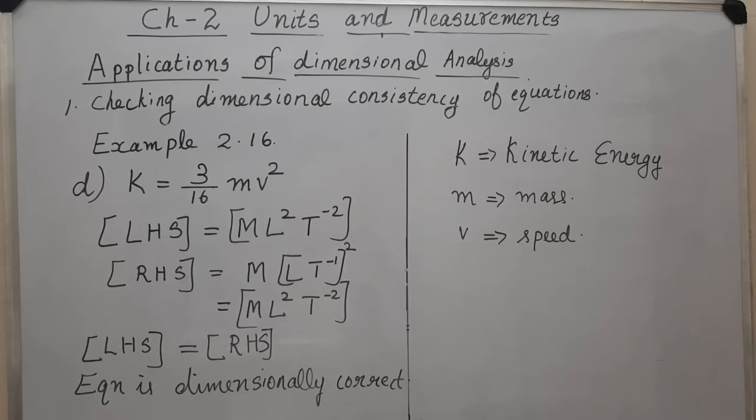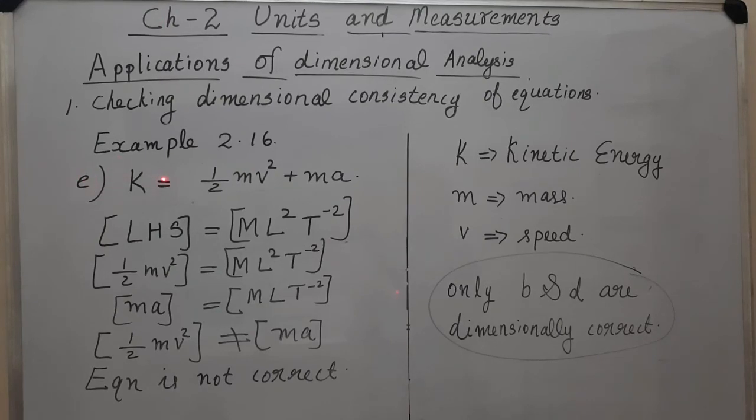This is what I said earlier. The information about the constants is not clear in the method of dimensions. In the actual equation, we know that constant is half mv square, whereas in this equation, it is 3 by 16. So, we are getting it is dimensionally correct, but physically that equation will not be correct.